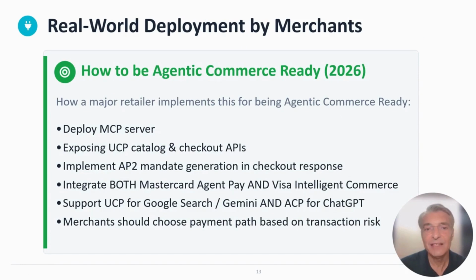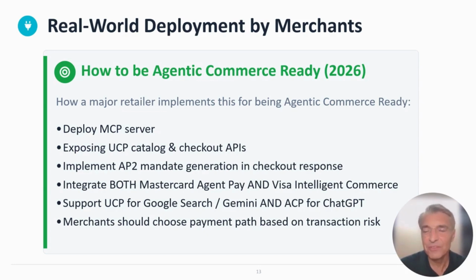And the final slide is a new slide. I haven't shown it to you. This is a real world deployment: what the merchant needs to do in order to be part of agentic commerce. It's very important that the merchant installs an MCP server, because the MCP server is the interface for the AI agent.